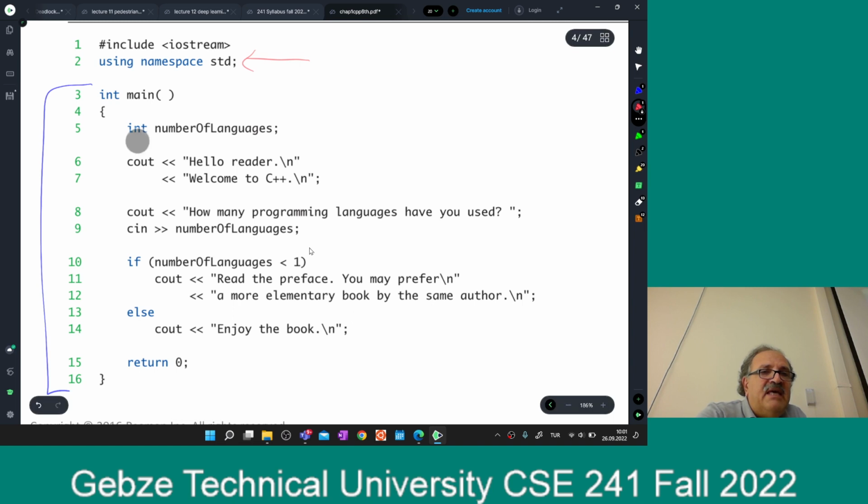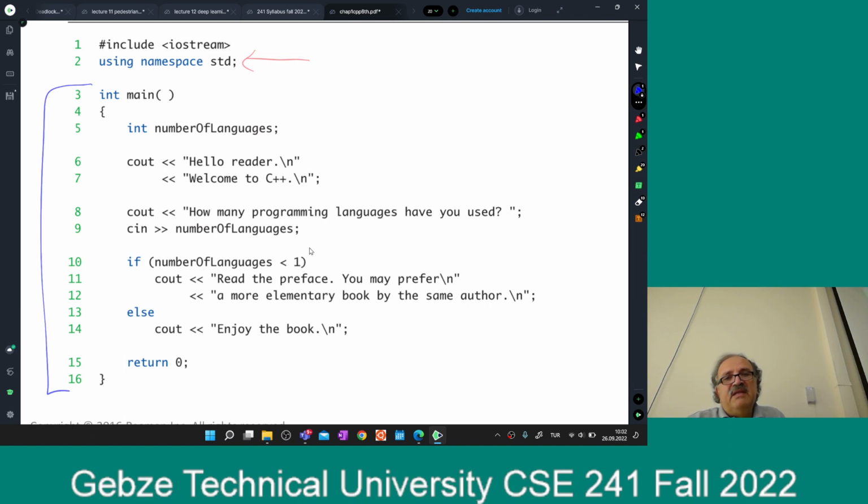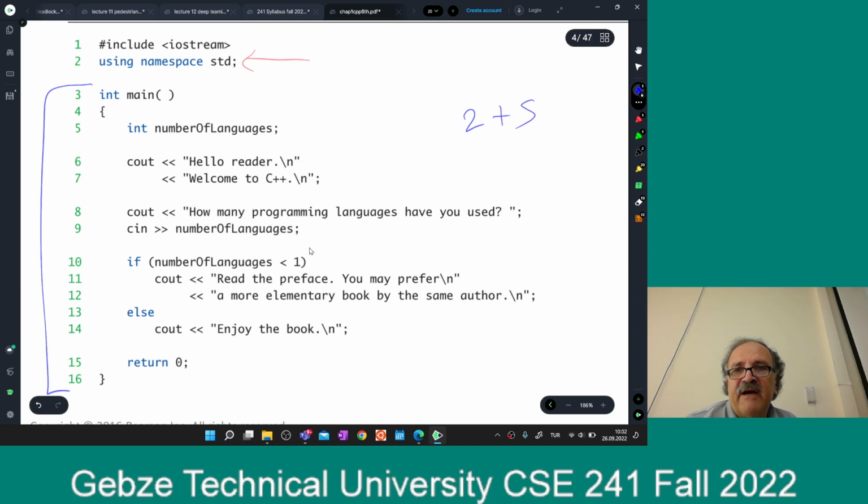When you say int number of languages, you are declaring an integer. Lines 6 and 7 are something different. We did not see this in C because they don't exist in C. Well, in C we have operators, right? 2 plus 5. Plus is an operator.